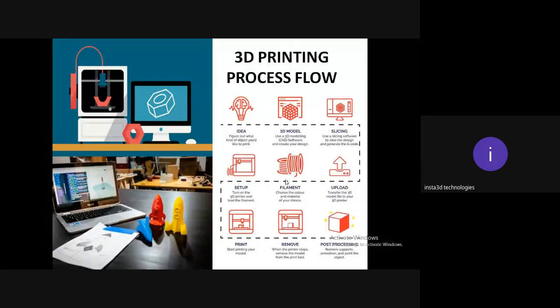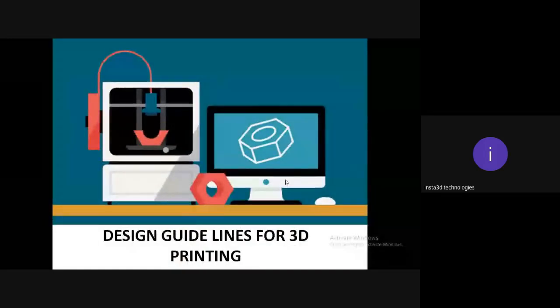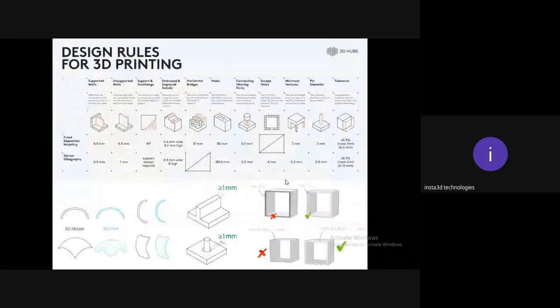Now we come to design guidelines for 3D printing. It is very important, and this is a guideline made by 3D Hubs. 3D Hubs is an international website handling most of the advanced technologies, not only 3D printing but also many other processes, like powder technology, CNC, and many 5-axis, 6-axis machines. They provide service all over the world.